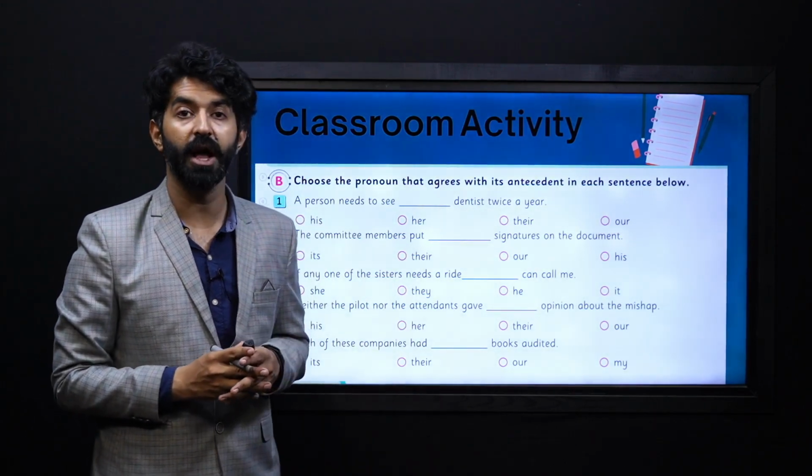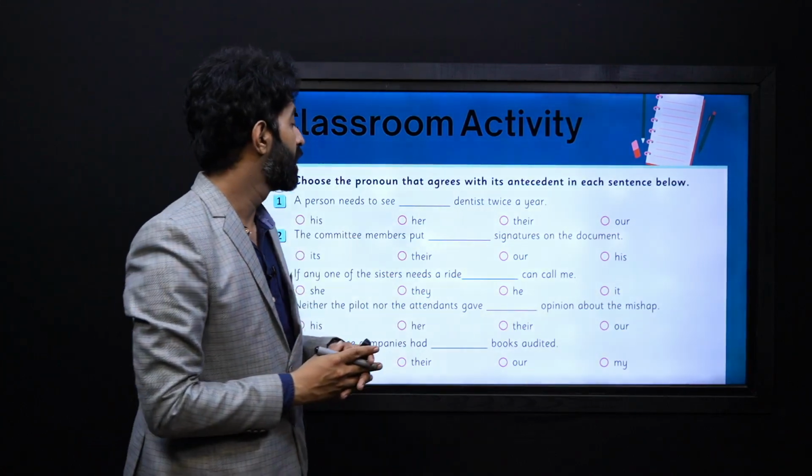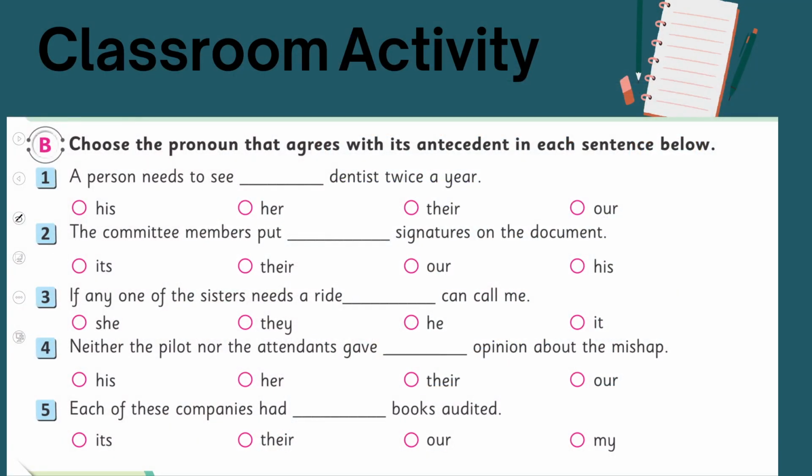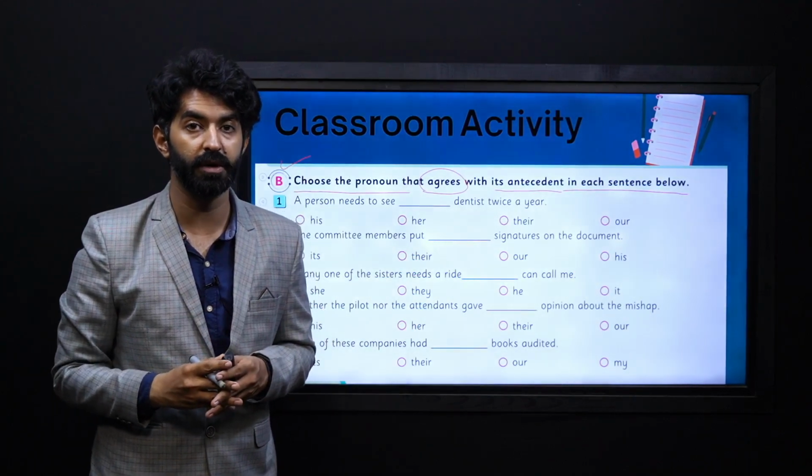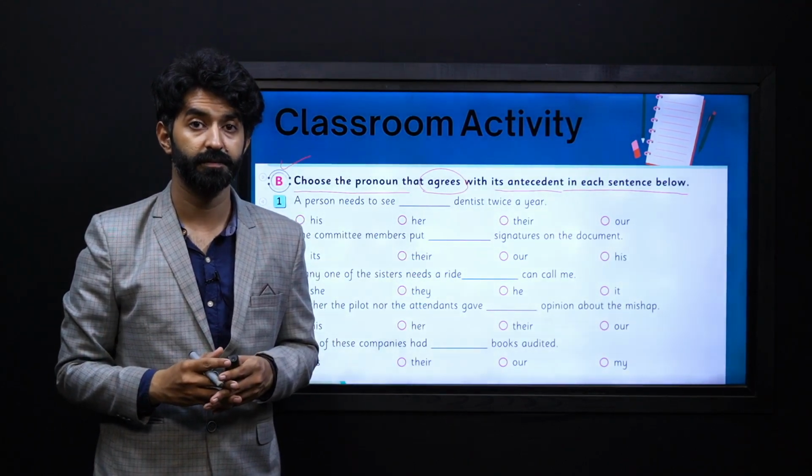Here we have a classroom activity for your understanding. Let's read it. So this is your question number B. You have to choose the pronoun that agrees with its antecedent in each sentence below. So the pronouns are given. You have to read it and see if they are agreeing with each other.